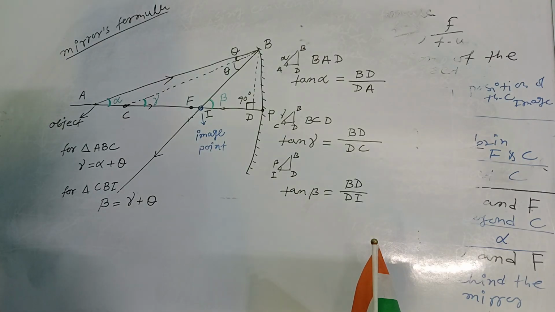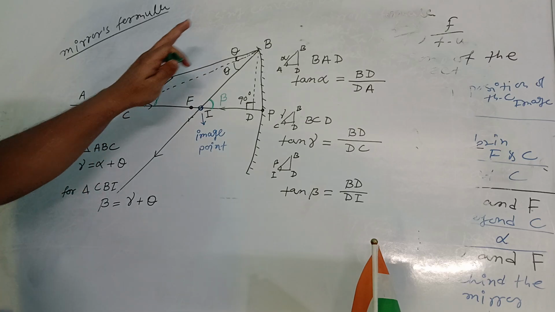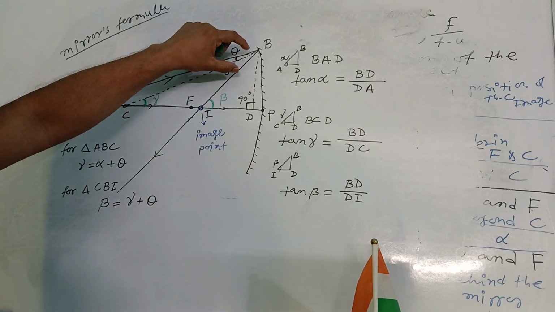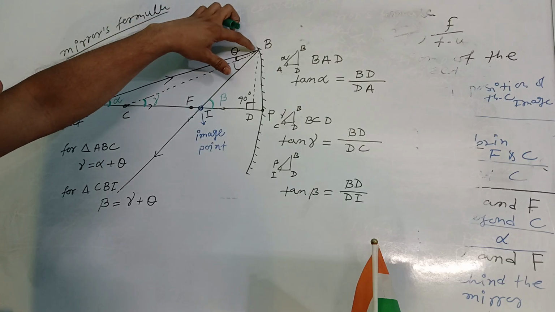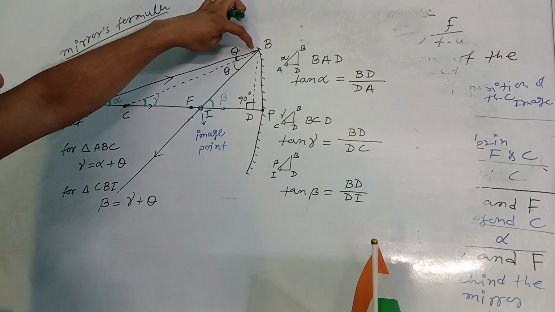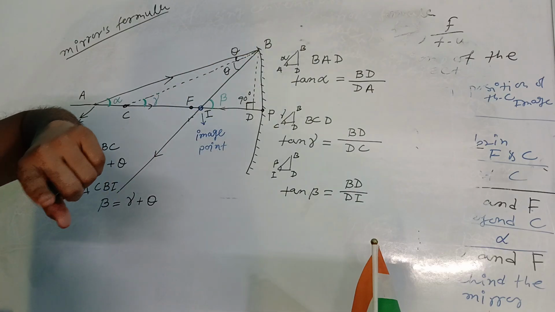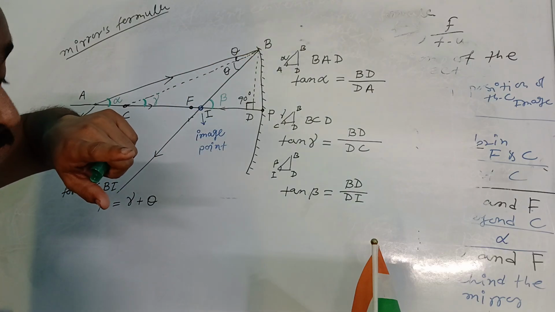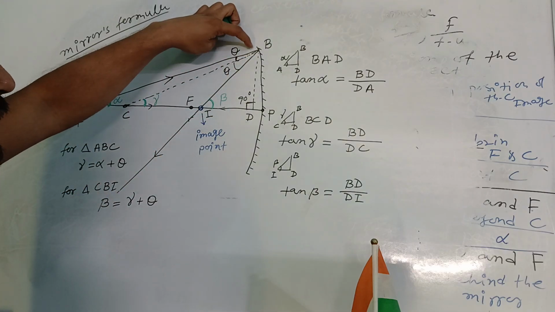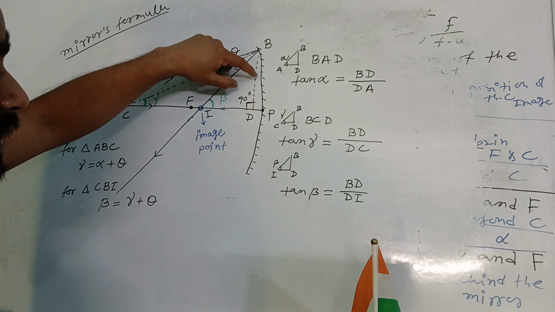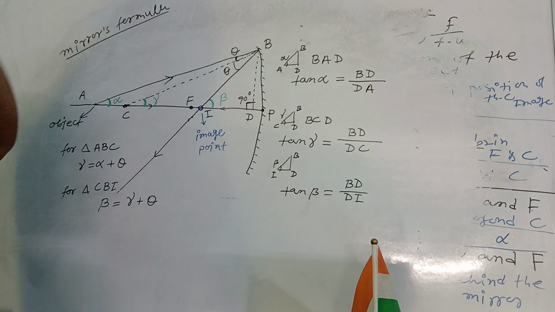Main point, remember, this is geometrical optics. Though I am showing the incident ray striking over here, in the real case this incident ray is striking very near to the pole.